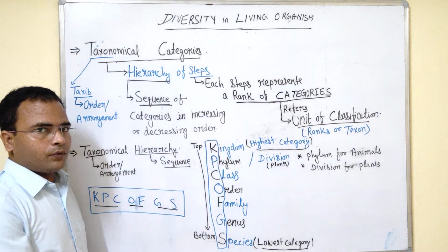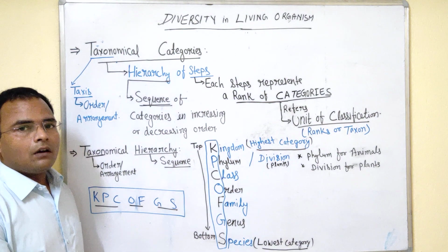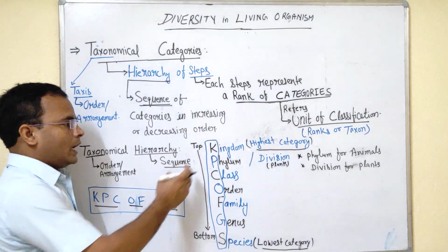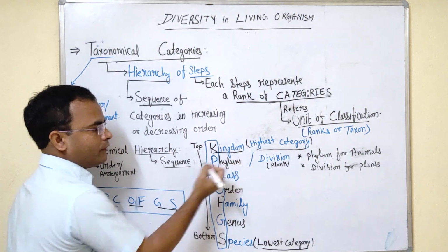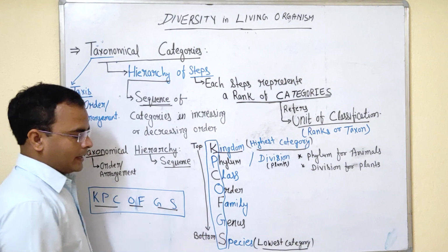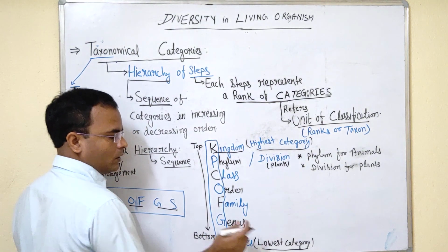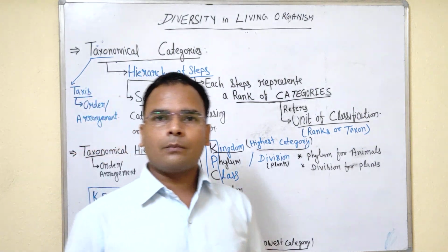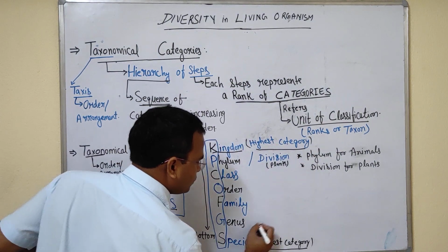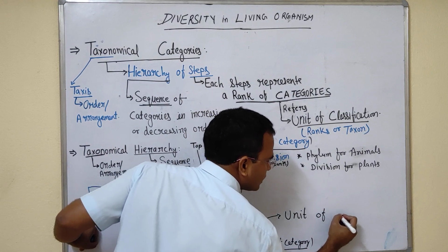Going from top to bottom, from the highest category to the lowest, the highest is the kingdom, then phylum, then class, then order, then family, then genus, and then species. Species is the lowest taxonomical category, and it is also known as the unit of classification.